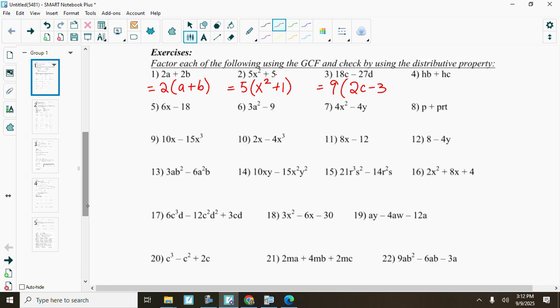I was thinking of the answer and the question at the same time. It kind of combined. So 9 times what gets me to negative 27? 9 times negative 3. Okay, and then I still have my D. Okay, in this case, H is the same in both of them. So if I pull an H out, I'm left with a B and a C.